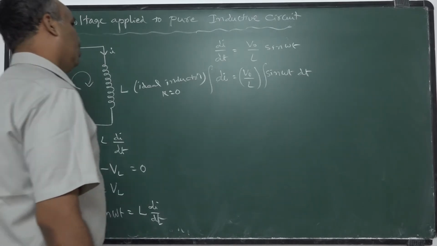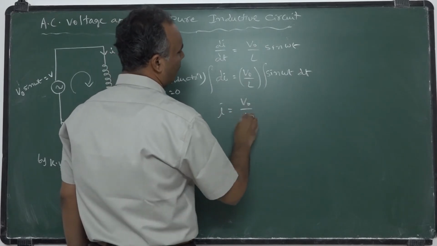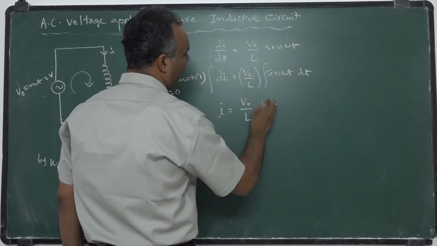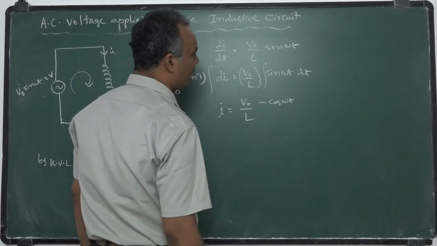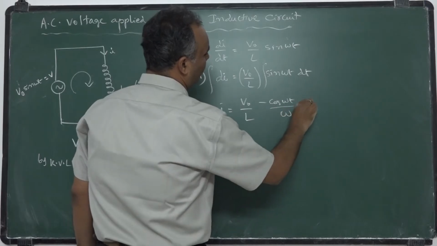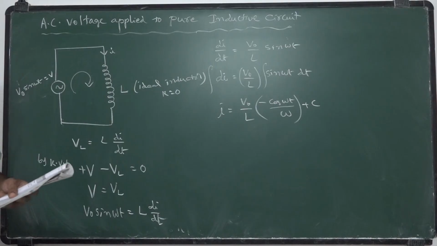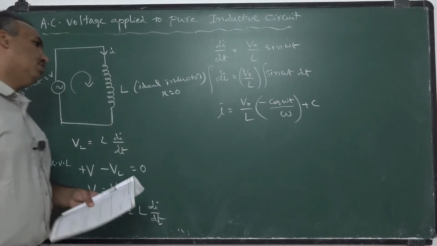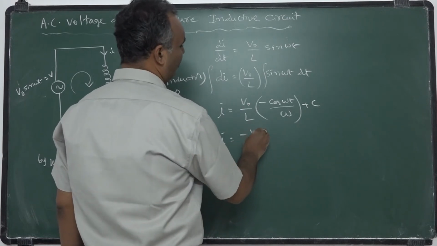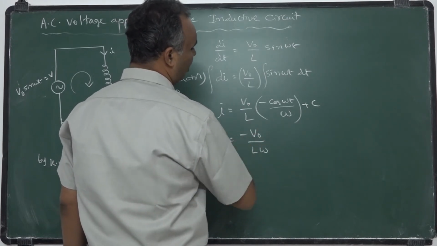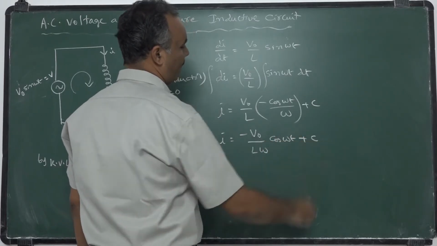On simplification, integration and derivative get cancelled. It is an indefinite integration. For sin omega t, the integral is minus cos omega t by omega plus c. Constant of integration I can keep as plus c. So the current in the circuit is given by minus V naught by L omega cos omega t plus c.